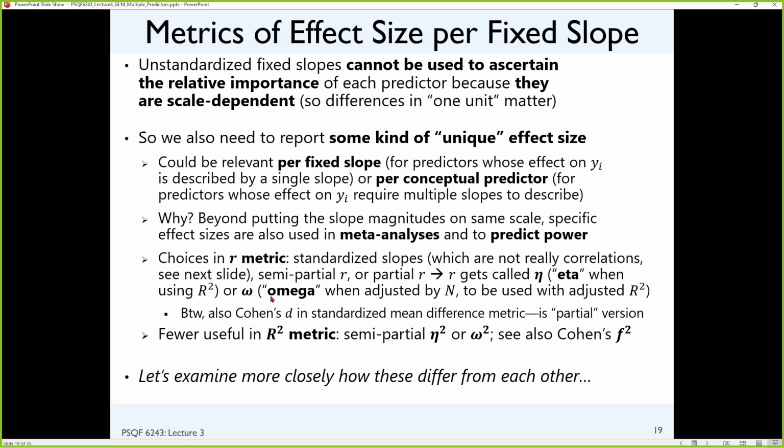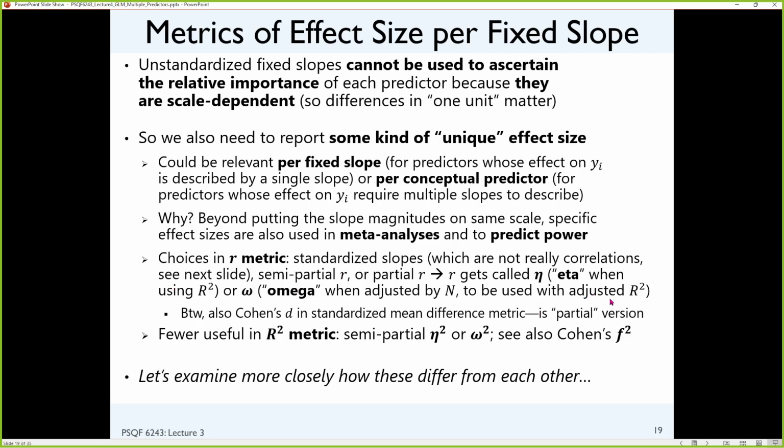There's also omega, which is also in an R metric, but is the version of the effect size that corresponds to adjusted R square. So R square is based on sums of squares for the model divided by total. Adjusted R square takes that and downplays it for low sample sizes, essentially.